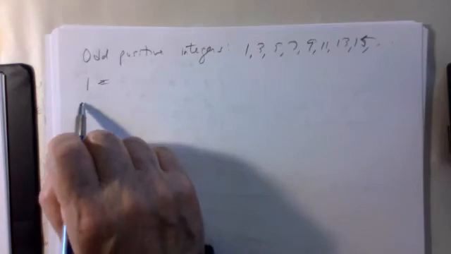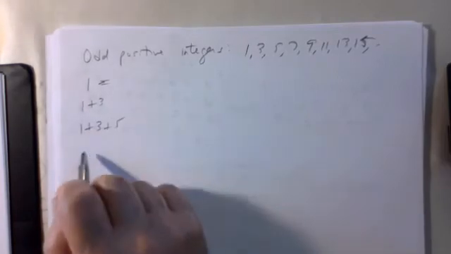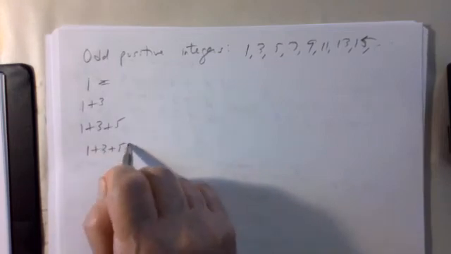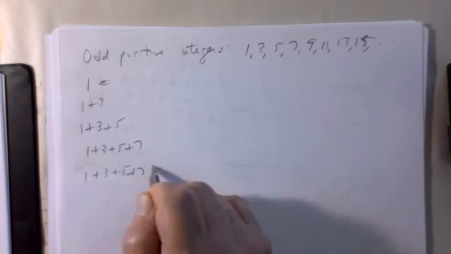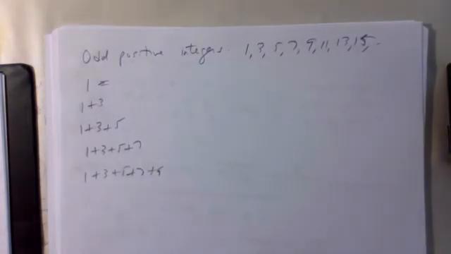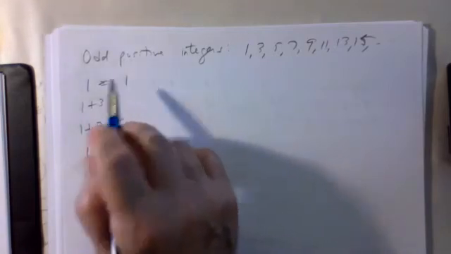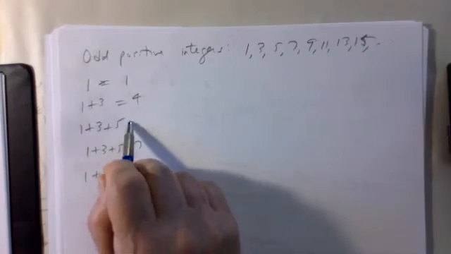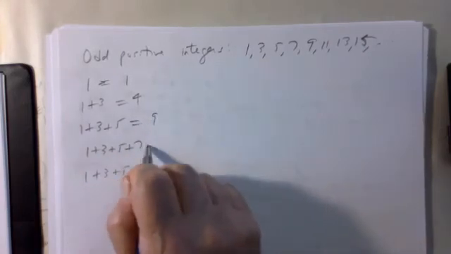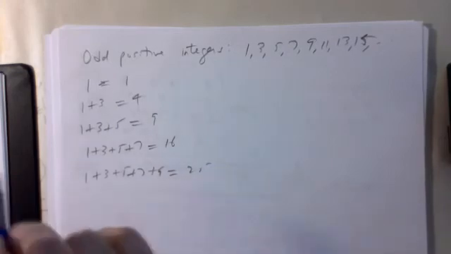Then I want to look at the sum of the first 2, and then the sum of the first 3, sum of the first 4, and so forth. When I add up 1, well, that's just equal to 1. 1 plus 3 is 4. Add 5, you get 9. Add 7, you get 16. Add 9, you get 25, and so on.